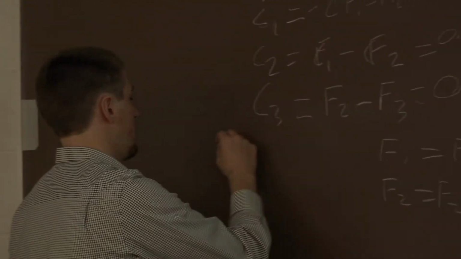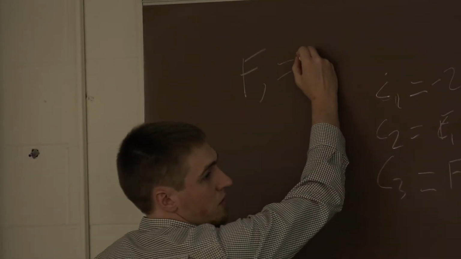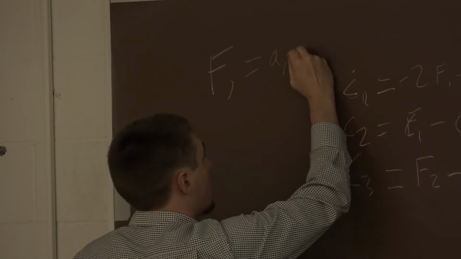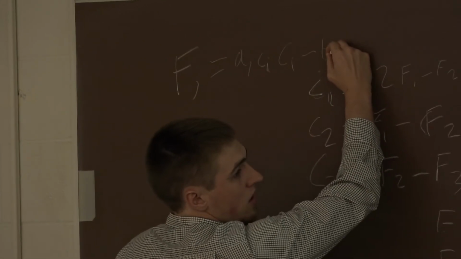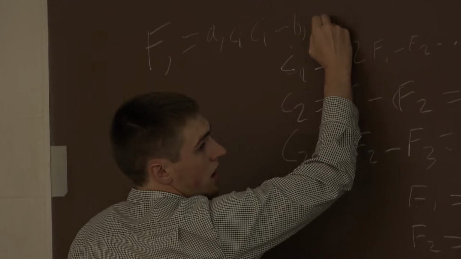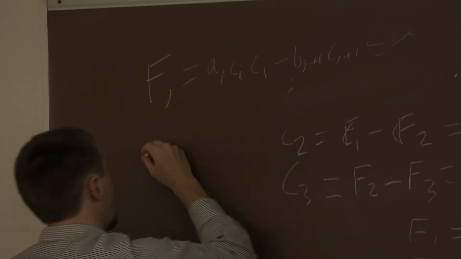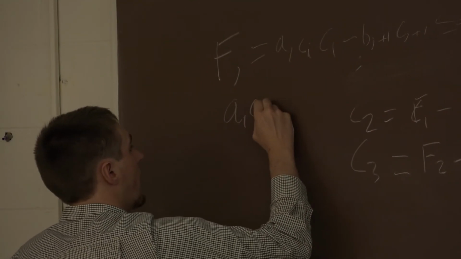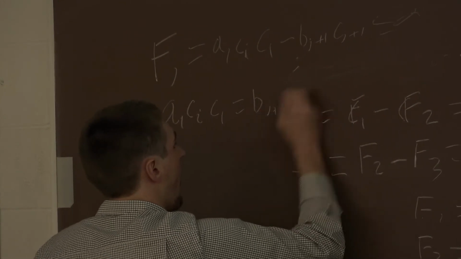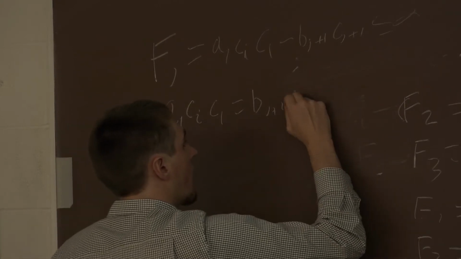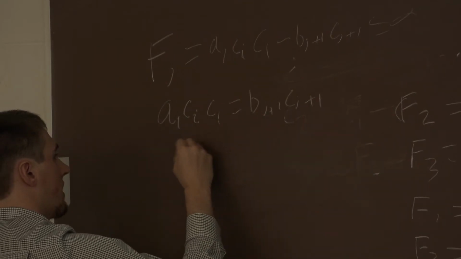Then you can go back to the F equation for F_j, which is equal to A_j C_j C1 minus B_j C_{j+1}. What you'll find is that if it's equal to 0, you end up with the relationship of them equaling each other. Then you can put the C_{j+1}'s all on the same side.